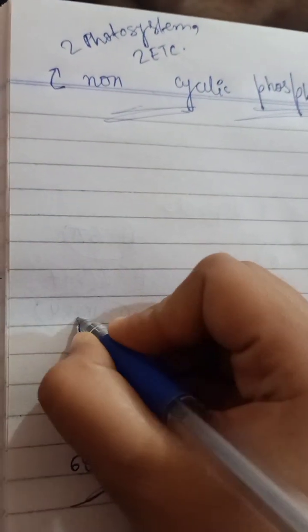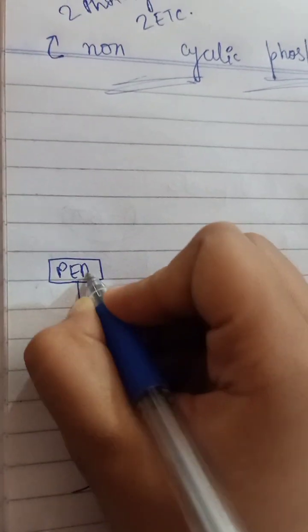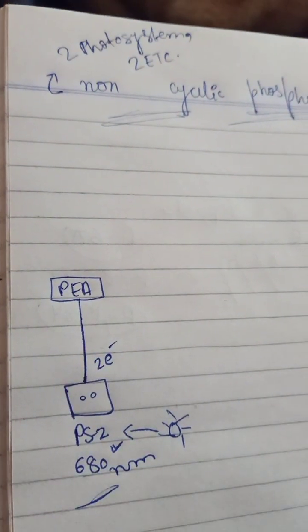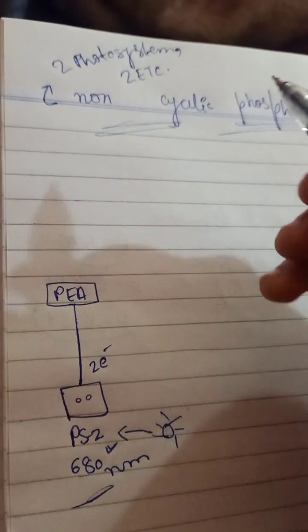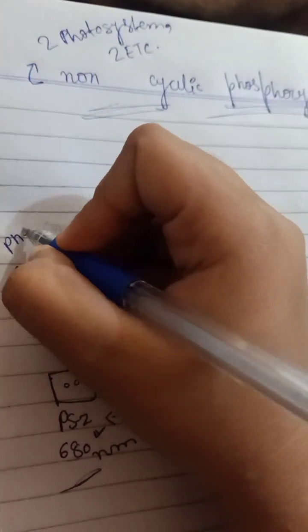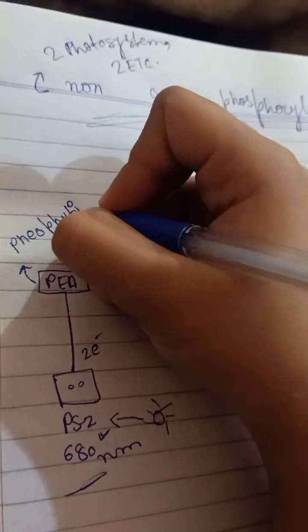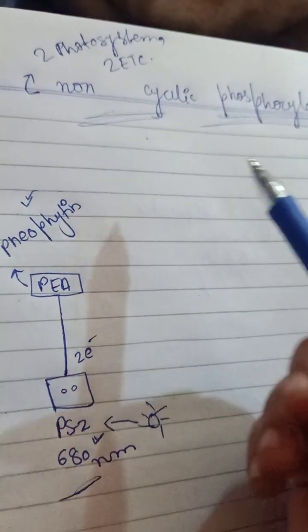The two electrons move toward the primary electron acceptor, which in the non-cyclic reaction is called pheophytin.